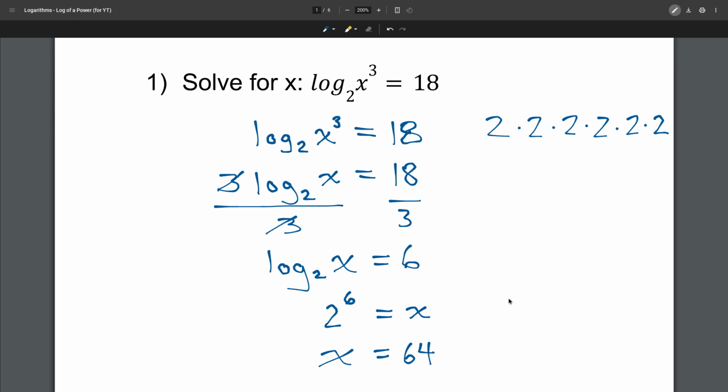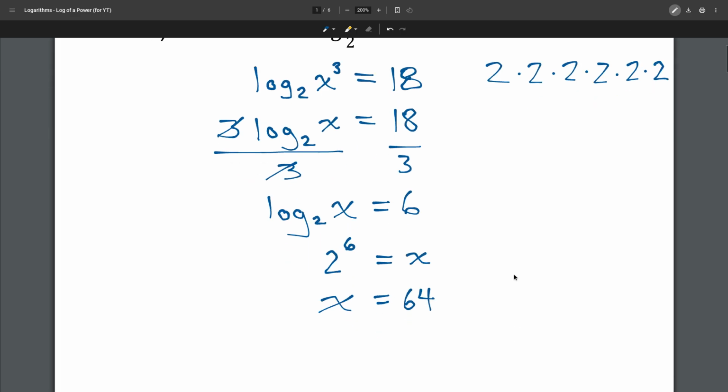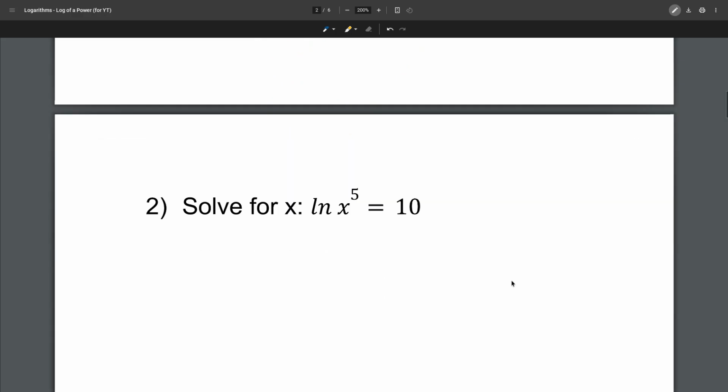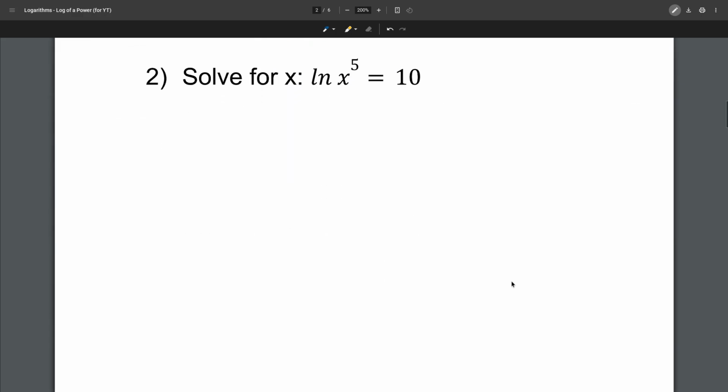Okay, let's try another one. This next one, we're solving for x again, and this time we have the natural log of x to the 5th equals 10.